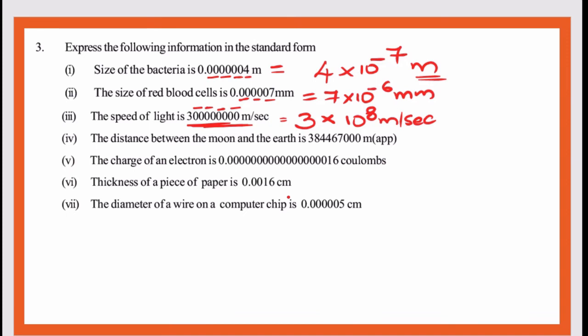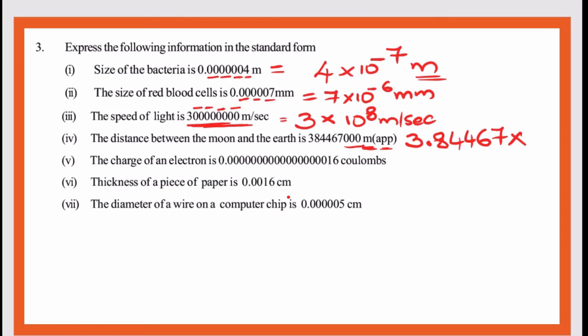Next, the distance between the moon and the earth is 38446700 meters approximately. So here it has been given as approximate. Now we need to see how I can write this as 3.844667, and after that whatever zeros we have, we don't write them because the decimal point has started, so there's no need of writing the zeros, but we need to count those zeros.